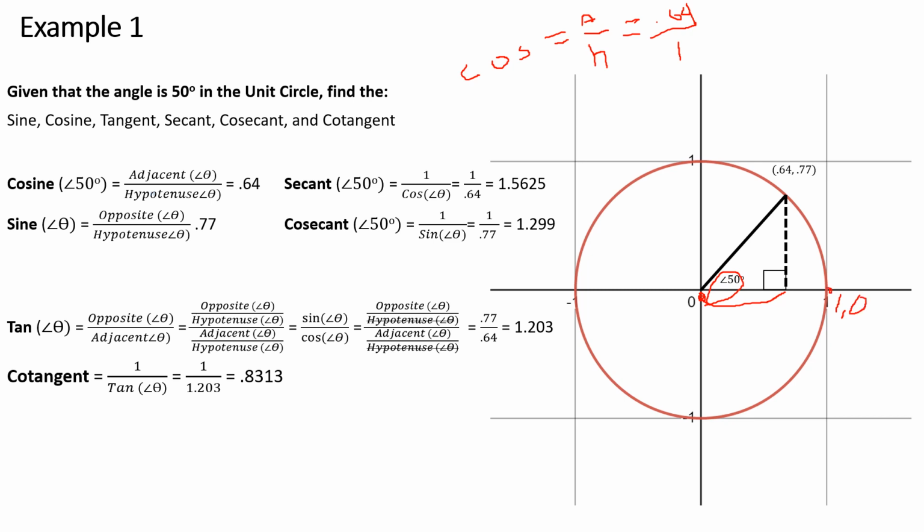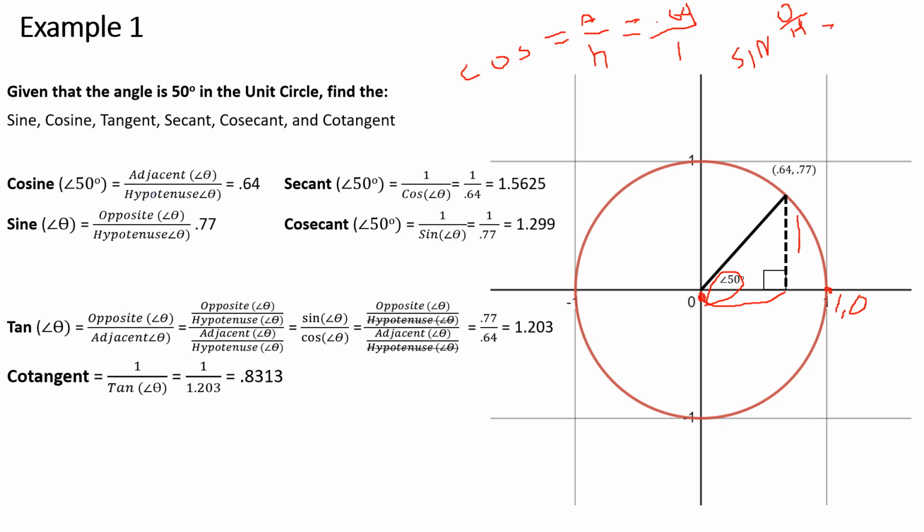And if I do the sine of 50 degrees, which is the opposite, this right here, opposite over the hypotenuse. Sine equals opposite over hypotenuse.